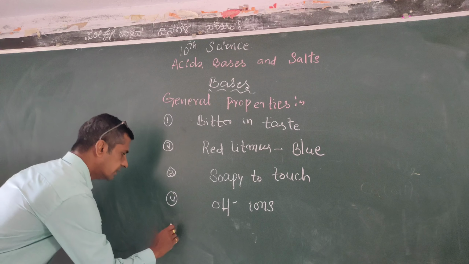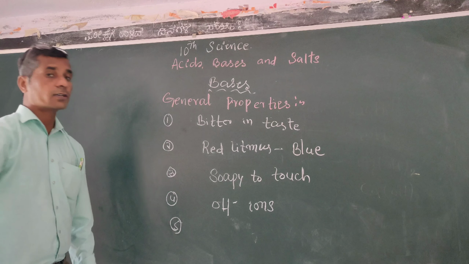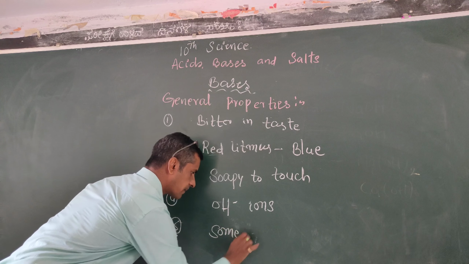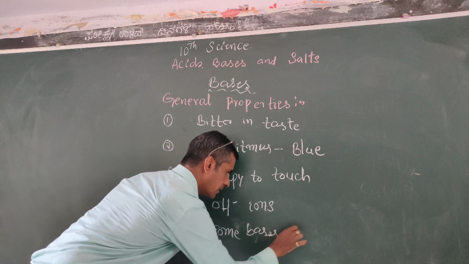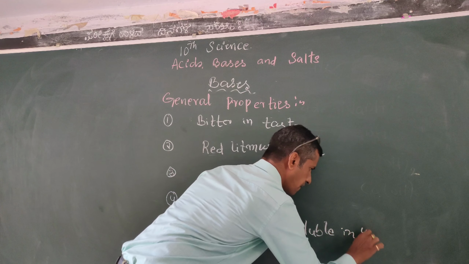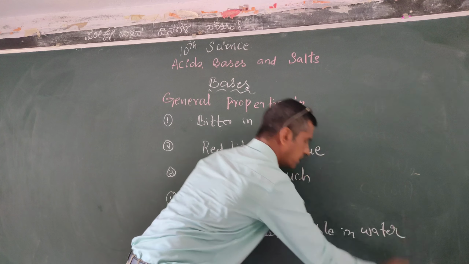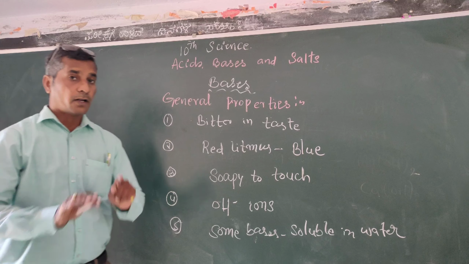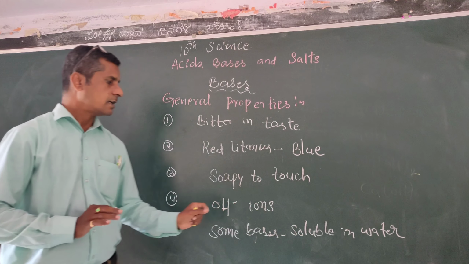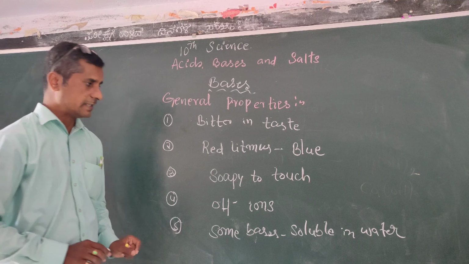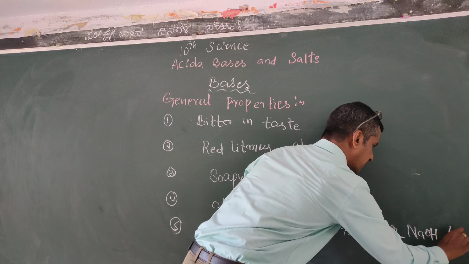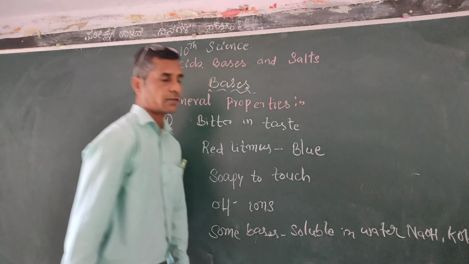At the same time, not all the bases, some bases are soluble in water. The best examples for the water soluble bases are NaOH, that is sodium hydroxide, and potassium hydroxide.